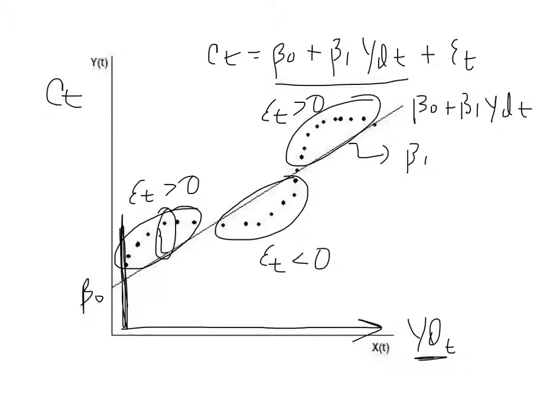So a pattern of data points like this, with clusters above the line, clusters below the line, and clusters above the line again, would be evidence of a violation of no autocorrelation, no serial correlation.